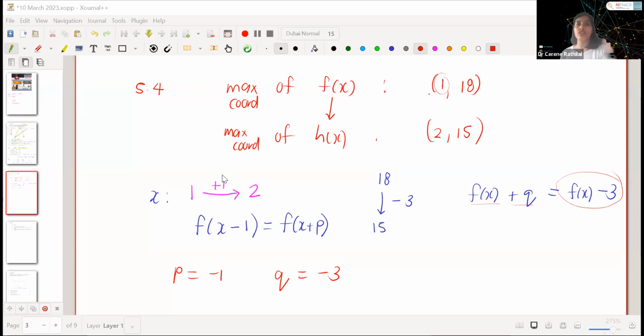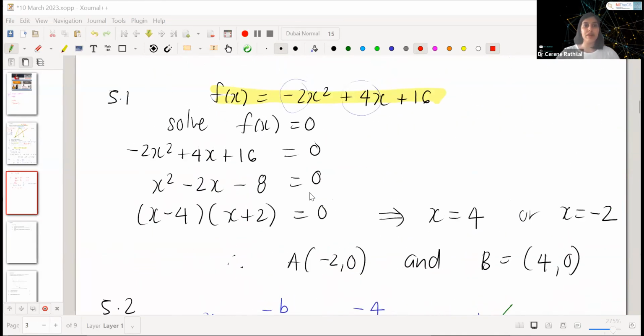So when it's moving to the right, instead of adding the units, we subtract. It's moved to the right by 1, so we will subtract 1. Therefore p is now minus 1. And as I explained earlier, the q value is minus 3 because we subtract 3 to move the graph down. So is that a little bit better now? Okay, excellent.